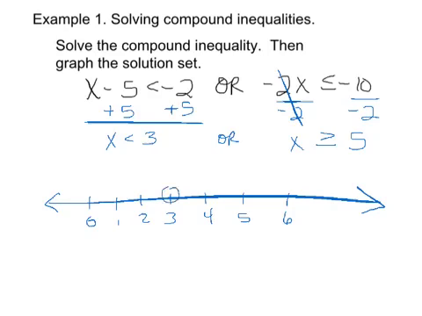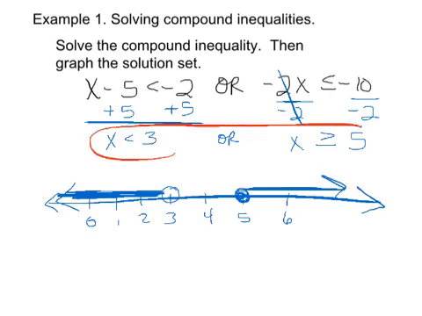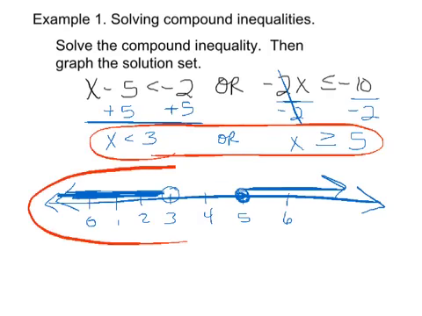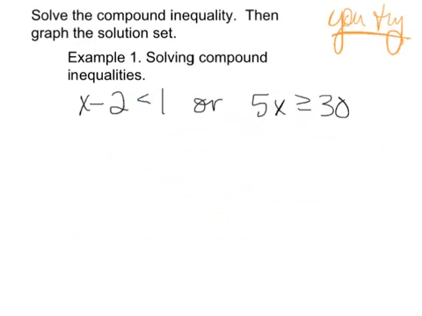Open dot at 3, arrow going this way, closed dot at 5, arrow going this way. So your solution is that and this.